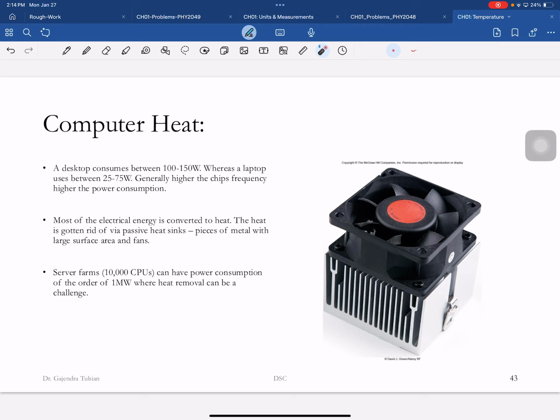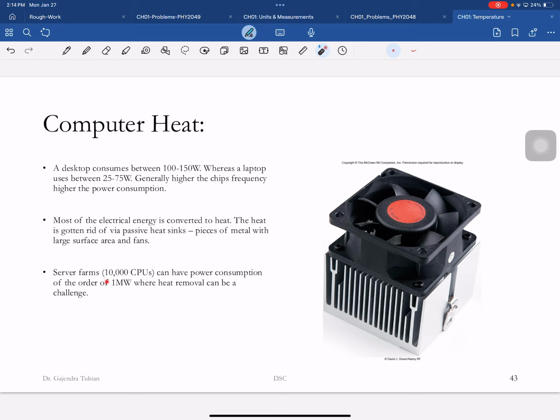So your air conditioner suddenly has to pump out that much heat. A laptop is like a 100-watt device. So that thing is producing 100 joules of heat per second, the same as that guy. So you have to remove that heat.